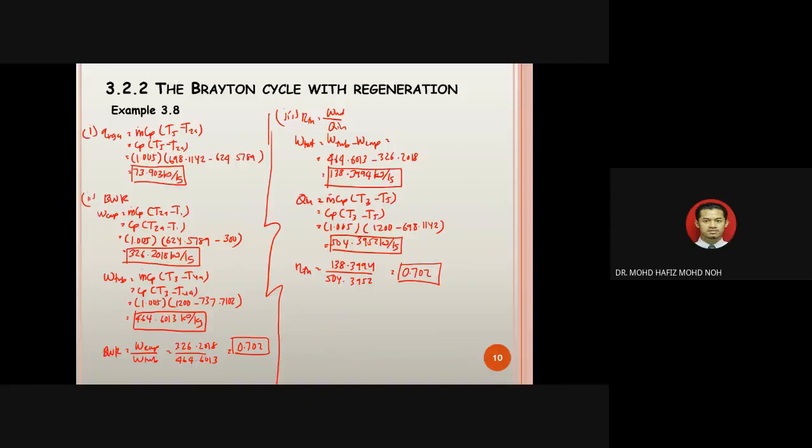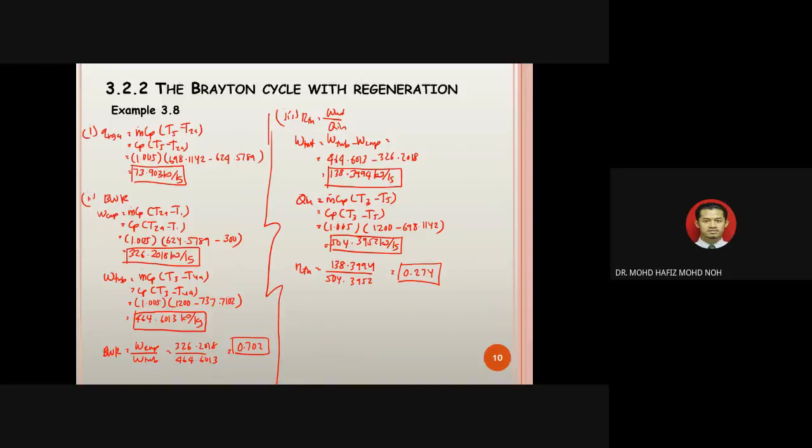This is the back work ratio. Sorry. So the value of the thermal efficiency, let me check again, is actually equal to 0.274. Okay, 0.274.